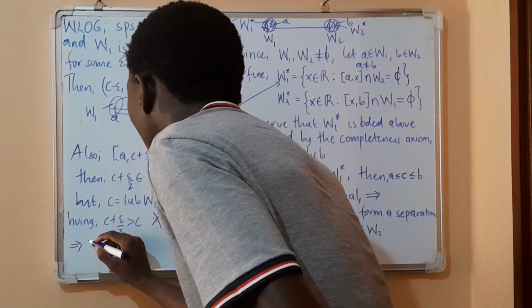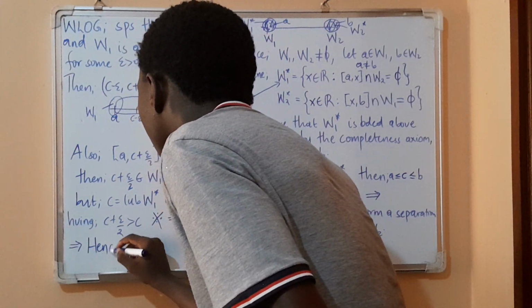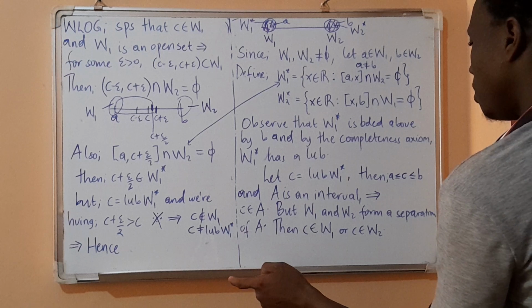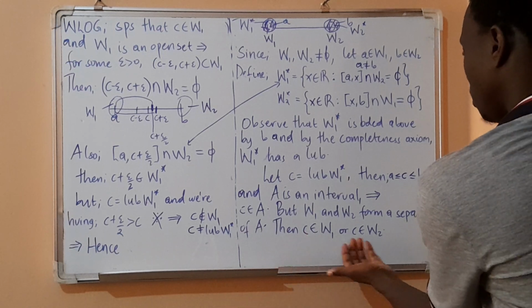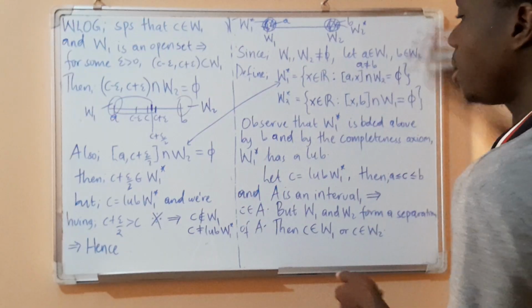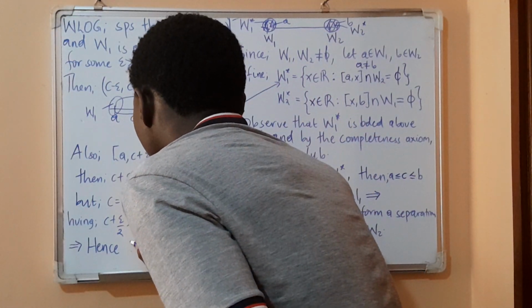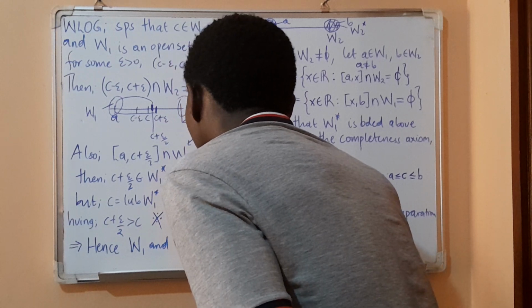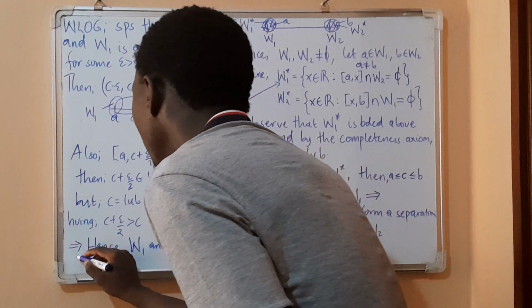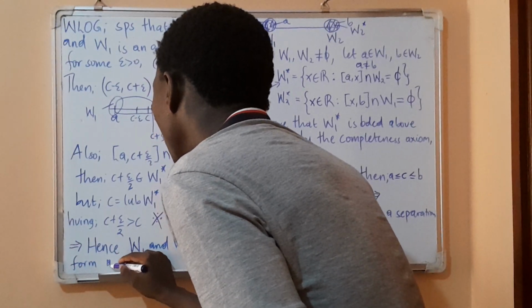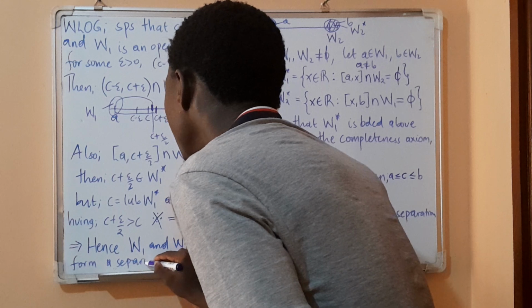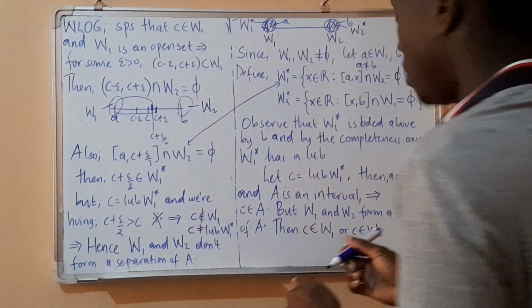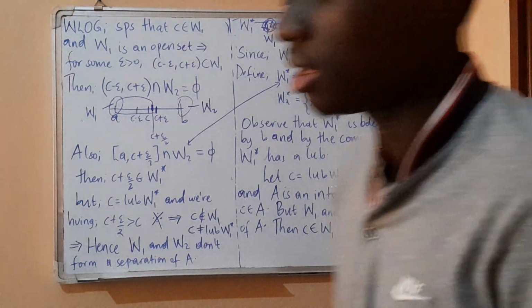And hence, remember we said that W1 and W2 form a separation of A. Now since C is not in W1, W1 and W2 do not form a separation of A. Hence A is connected.